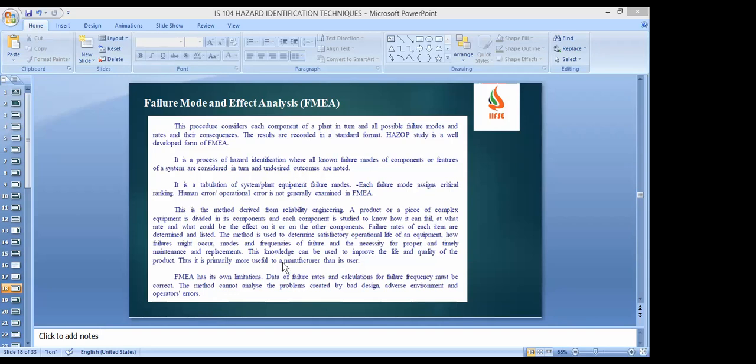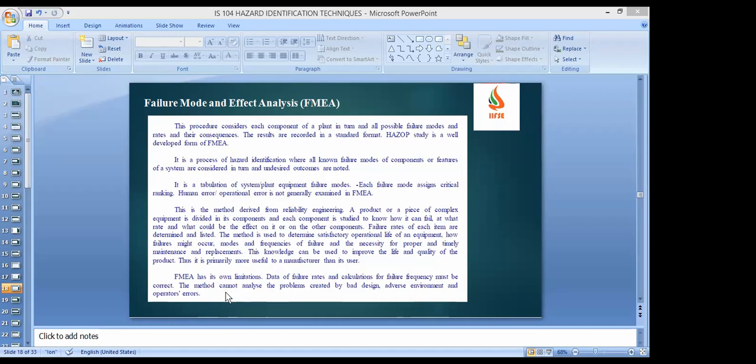And this knowledge can be used to improve the life and also quality of the product. Thus, it is more useful for the manufacturer than the users, because he can claim all the benefits. He can say within 1 lakh, I will give everything.